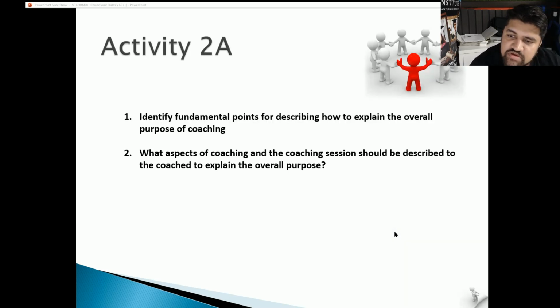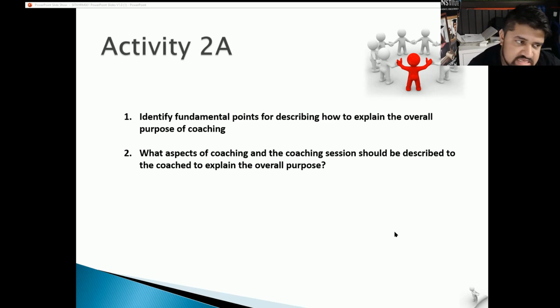What aspects of coaching and coaching sessions should be described to the coached employee to explain the overall purpose? So essentially, we want to tell them what they're going to learn. We want to connect it back to how it will affect them and their career, and how it will eventually help them move forward in their career or in their new tasks that they are going to face.